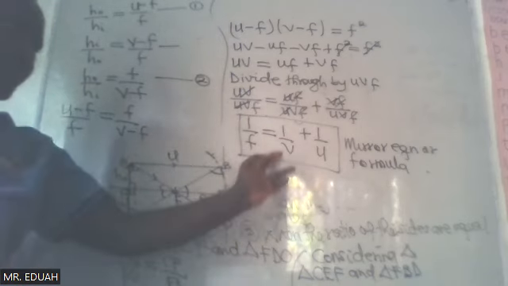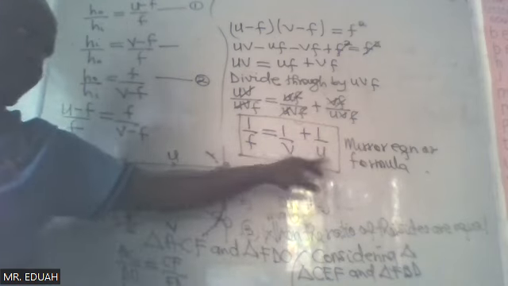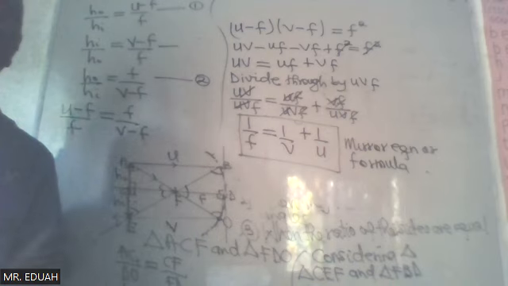So the mirror formula or equation is simply 1 over F is equal to 1 over V plus 1 over U. Addition is commutative, so it can be 1 on V plus 1 on U, or also 1 on U plus 1 on V. This is a mathematical relation that connects the object distance U, image distance V, and focal length F of the mirror.